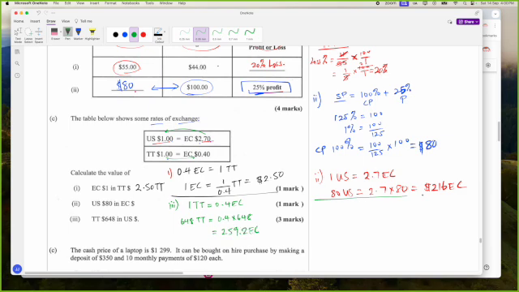And then I'm gonna come across on this side and say, well, 2.7 EC is 1 US. So 1 EC will be 1 over 2.7 US, and 259.2 EC will be 1 over 2.7 multiplied by 259.2, or you could say 259.2 divided by 2.7 is 96 US dollars.